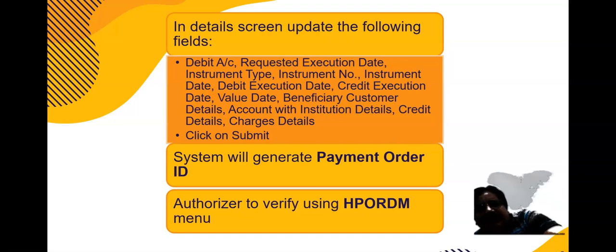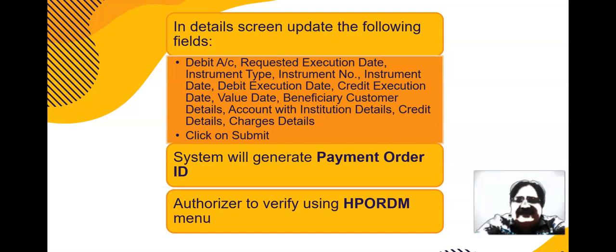Value dating can be done up to 3 days, but RBI guidelines say it cannot be done. Then beneficiary customer details, account with institution like account number or BIC, Bank Identifier Code, or IFSC code. IFSC is Indian Financial System Code. Then credit details, charge details, and click on submit. It generates an ID, and that ID has to be verified by the verifying officer, right?